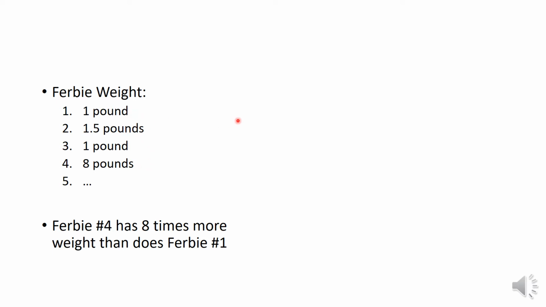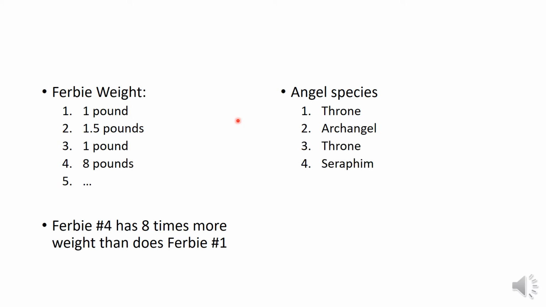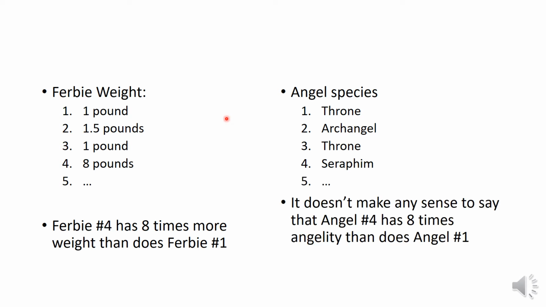For example, consider another variable. Say I am studying the different species of angels. The first angel I come upon is a throne. The second one is an archangel. The third one, we have another throne. The fourth one is a seraphim, and so on. Now notice that with these angels, it doesn't make any sense to say that angel number 4 has 8 times as much angelity as angel number 1.